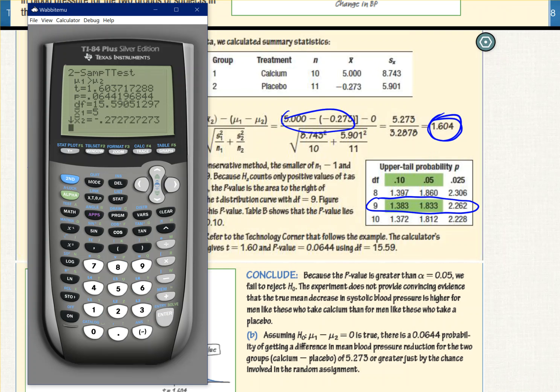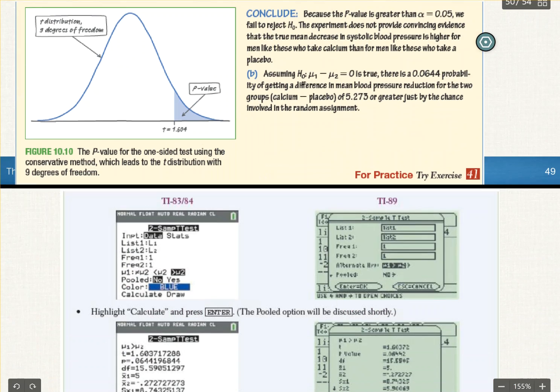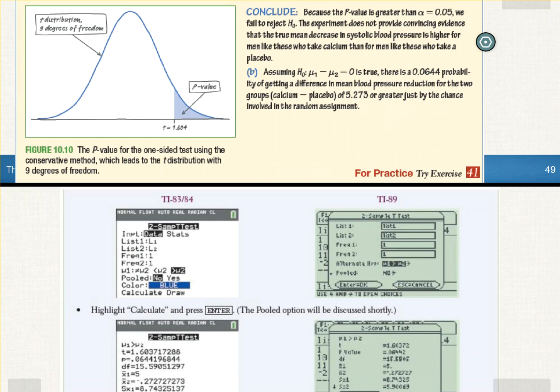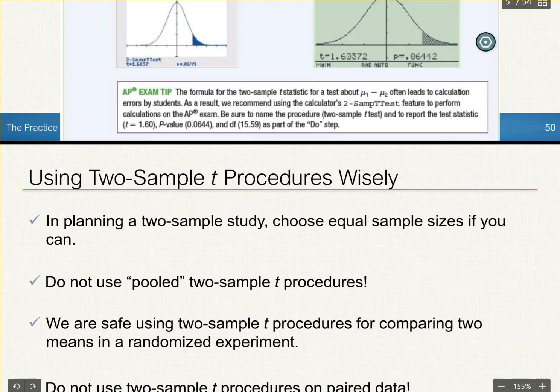So basically, the results that we got from these two samples, the likelihood of something having a difference this big or greater is about 6.4%. And again, that's assuming that calcium had no effect. If the null hypothesis is true, that would happen at least 6.4% of the time.